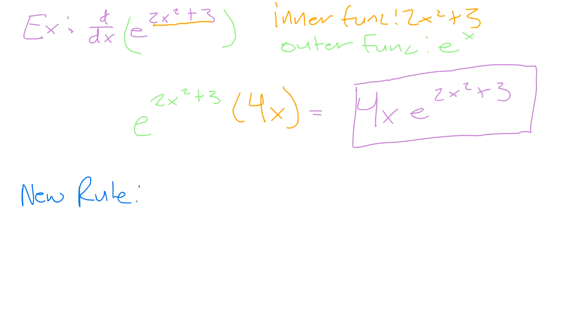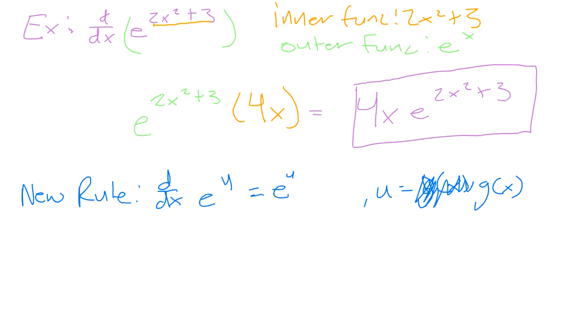If we're trying to take the derivative of e to some function u, where u is equal to g of x, then this is equal to e to the u, which comes from our initial function, times du over dx.